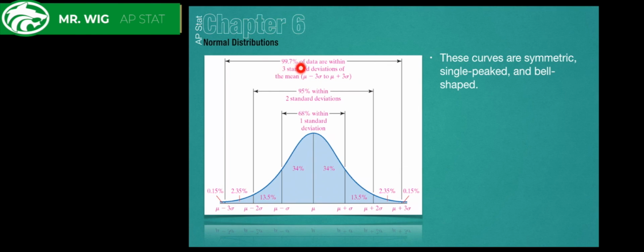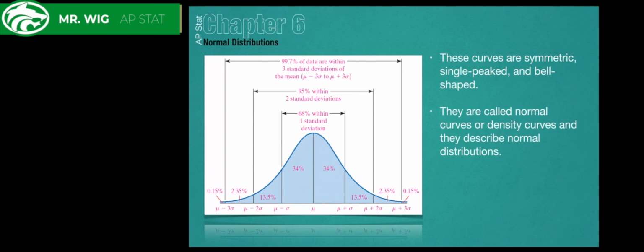If I have 99.7%, that means there's only 0.3%, not 3%, that fall outside three standard deviations from the mean. These curves are called density curves, because the area under the curve is exactly 1, or 100%, however you want to think about that.